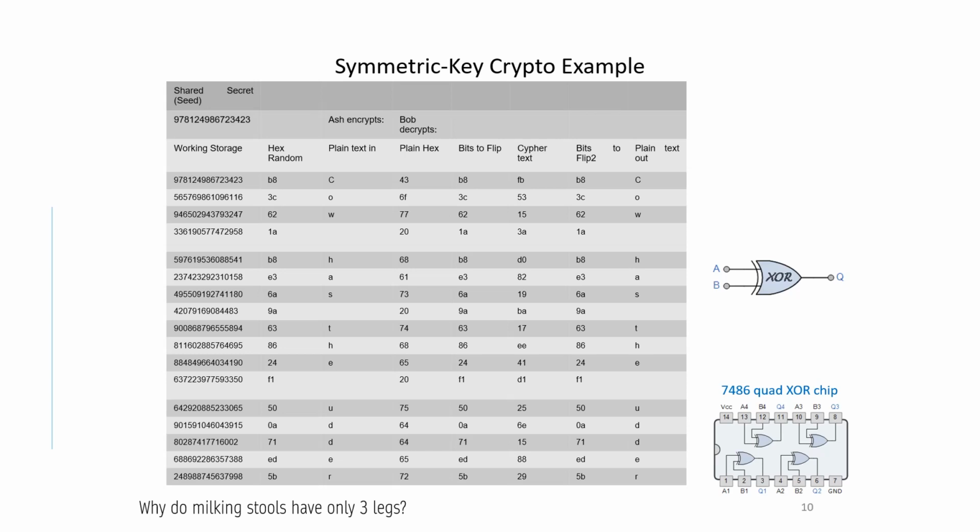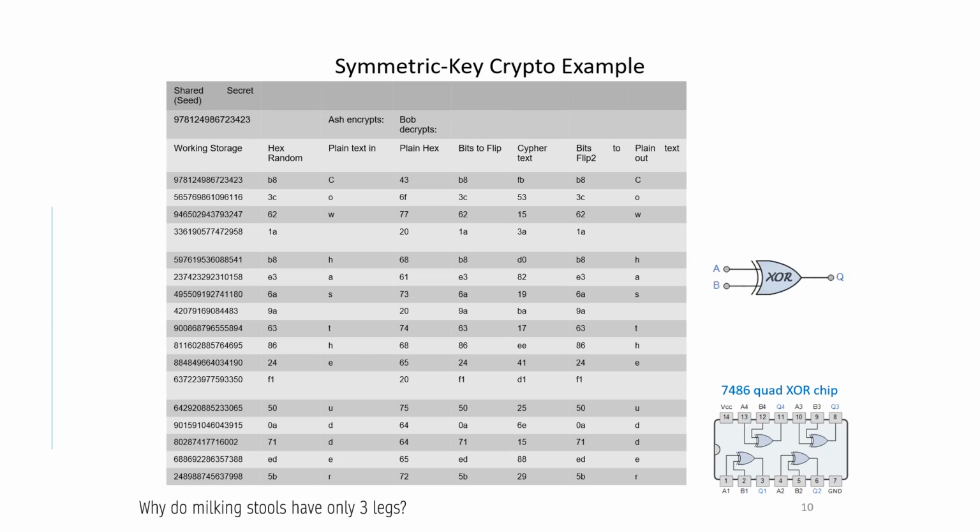And out comes the capital C. So the message he hears is cow has the udder, and the message the eavesdropper hears is the ciphertext, the column that is 2 in from the right. Why do milking stools have only 3 legs? Cow has the udder. I apologize for cow-based puns, of which there are several.